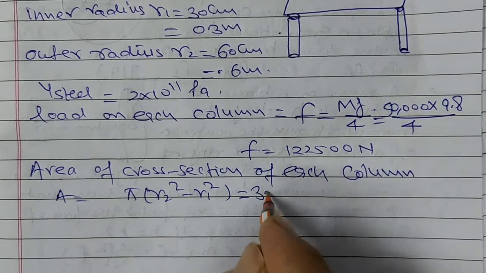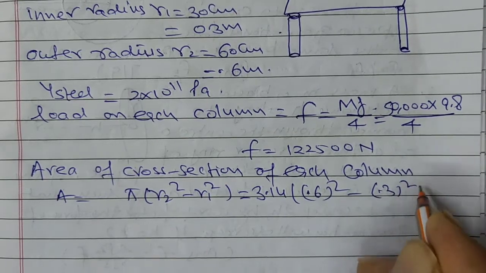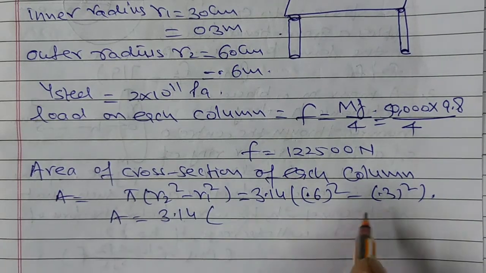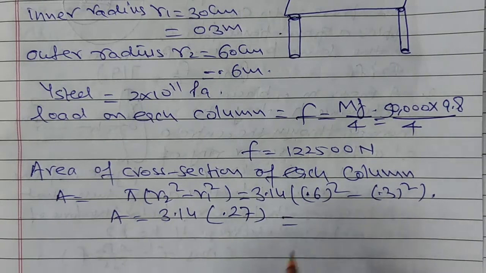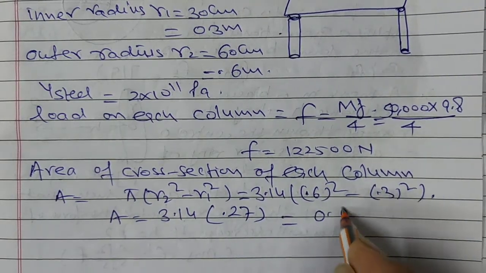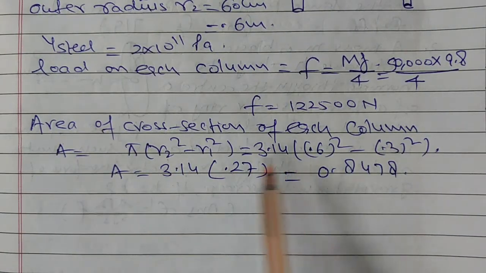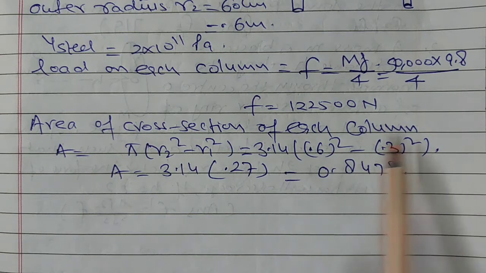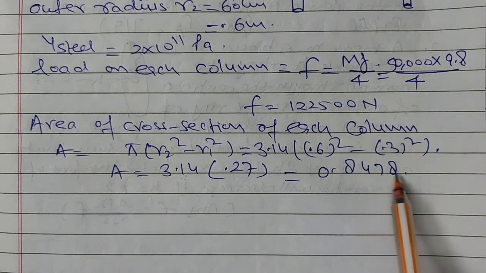Now, on putting the value, 3.14 into 0.6 square minus 0.3 square, and this A is equal to 3.14 into, on solving, 0.27 is equal to 0.8478. Pi into 0.6 square minus 0.3 square. This is 0.6 plus 0.3 into 0.6 minus 0.3. On solving this is 0.27 and multiply this, it is equal to 0.8478.